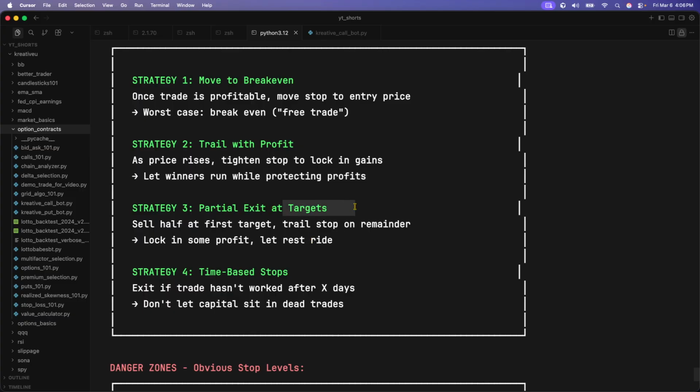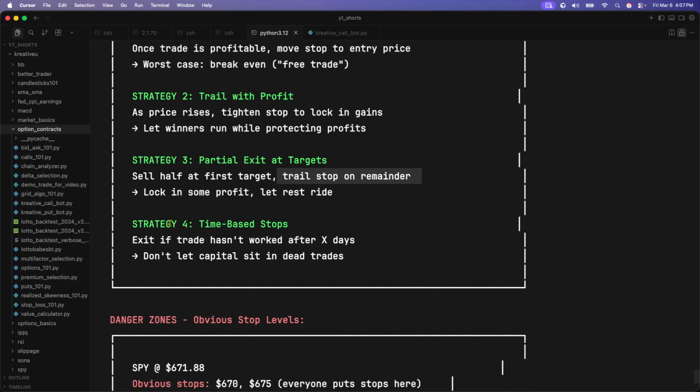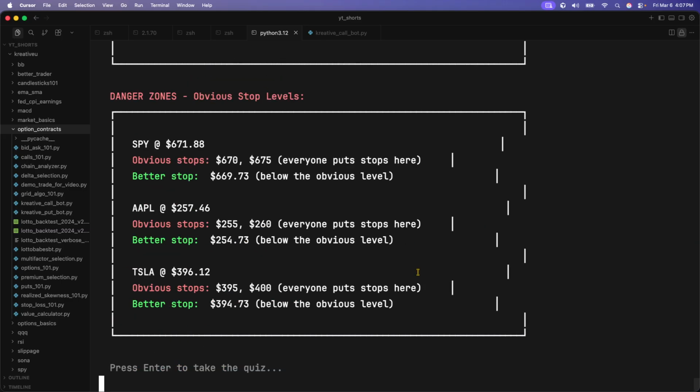This is just for stocks, though there are other assets you can do this with. Sell half at the first target, then trail on the remainder. Lock in some profit, let the rest ride. You can do multiple contracts too, so I guess that works for options trading as well. Strategy four is time-based stops. Exit if the trade hasn't worked after X days. Don't let your capital sit there and die.